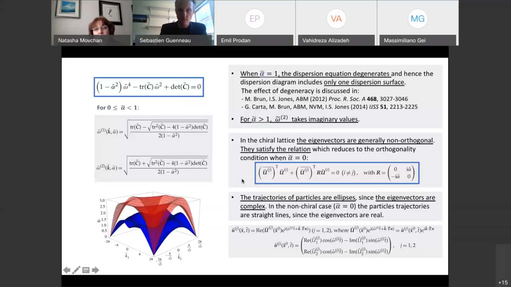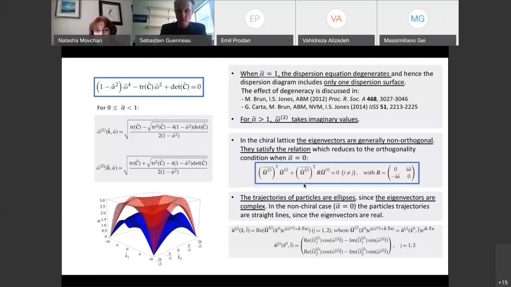But because we now have the effect of gyroscopes, our eigenvectors are generally non-orthogonal. In fact, they satisfy this particular relation, which obviously, when alpha is equal to 0, the matrix R, which is written down here, vanishes, and we end up with the orthogonality condition we have in the non-chiral case.